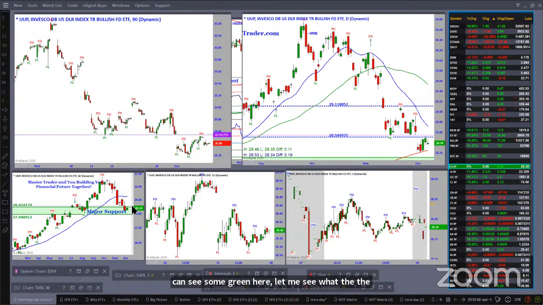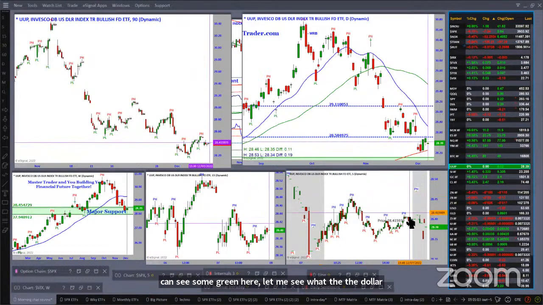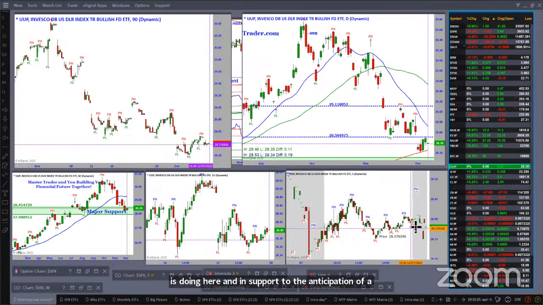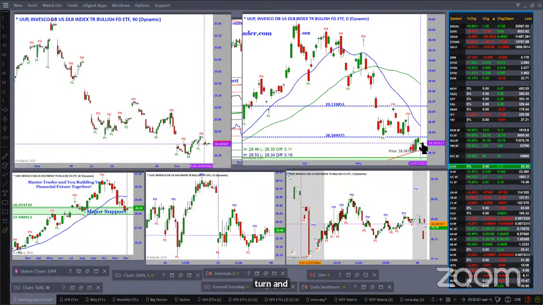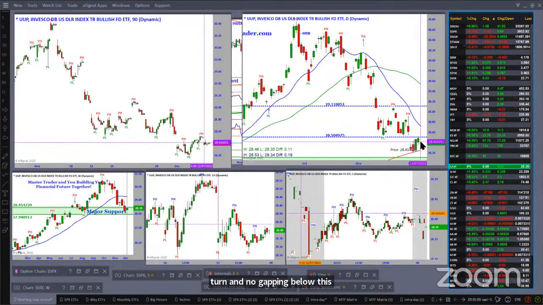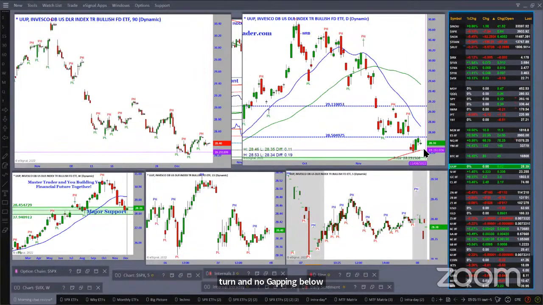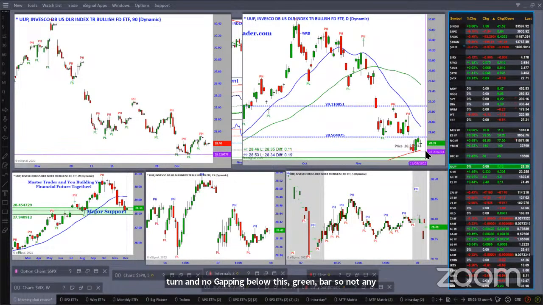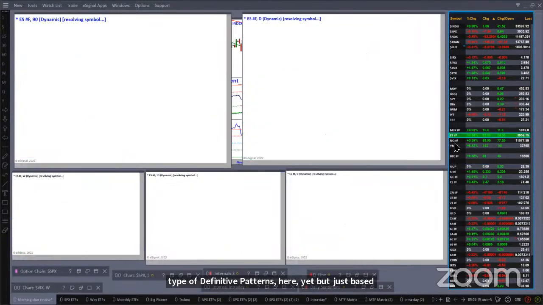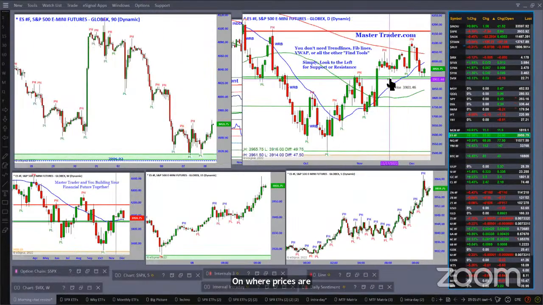So the anticipation of a turn, and kind of gapping below this green bar. So not any type of definitive patterns here yet, but just based on where prices are, we'll go to the futures and see how prices are down on that support area.